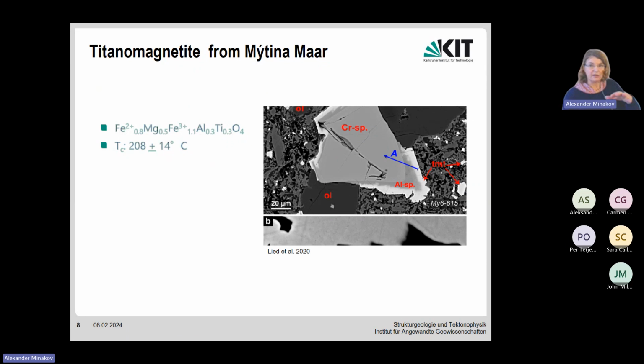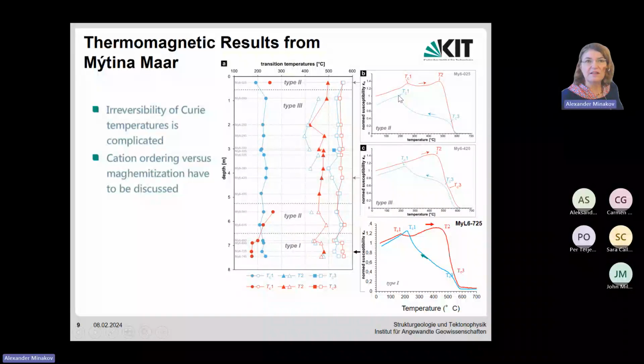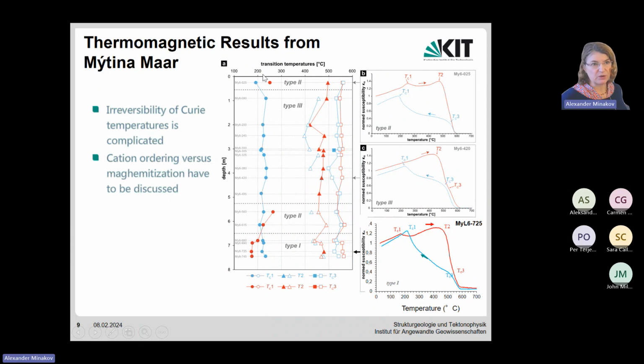So you can do it the one way or the other way around. You can take a composition and calculate your Curie temperature. And the Curie temperature that we have calculated is 208. But then we have also these temperature-dependent magnetic susceptibilities, and there you see that they are looking very irreversible, the heating and the cooling legs. But what is very obvious is that the cooling Curie temperature is always the same here, and this correlates with what we have calculated.